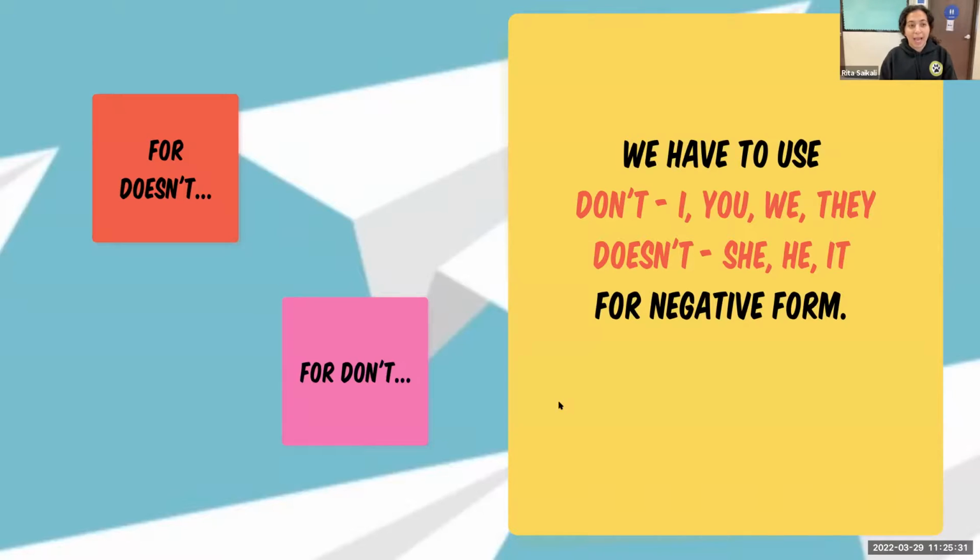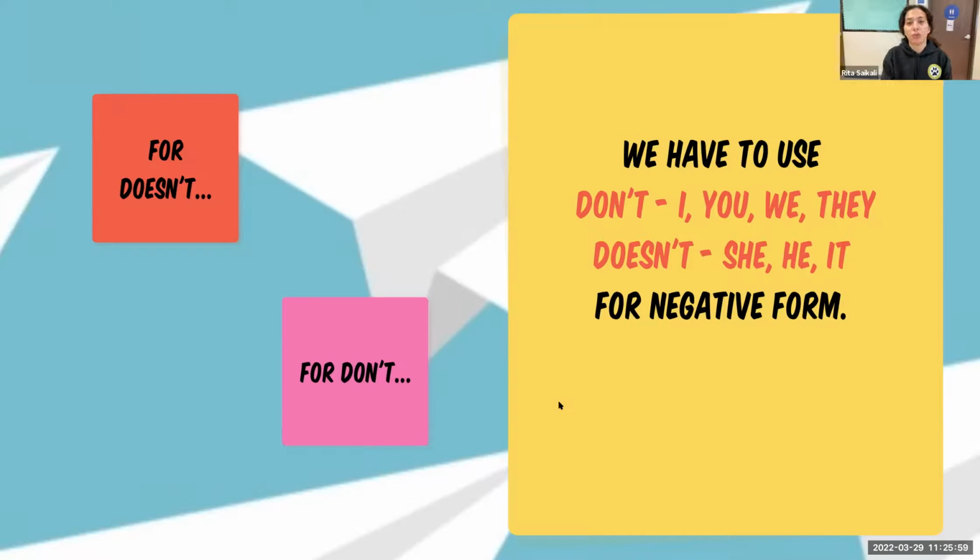So when we have to use don't or doesn't, or do not or does not, we can use don't with I, you, we, and they. Again, the only ones that are different are third person singular: she, he, and it. That's it. These are the only ones that are actually different.